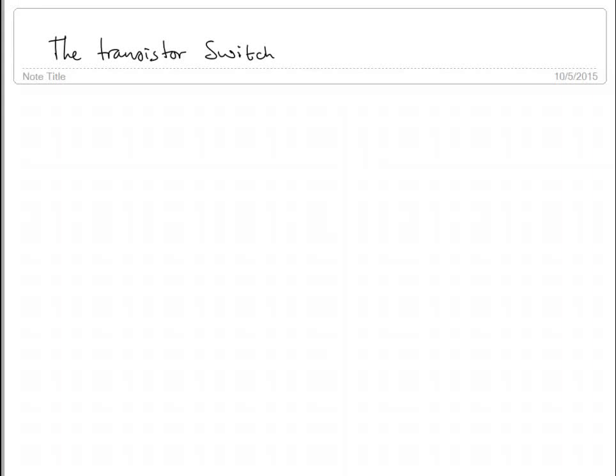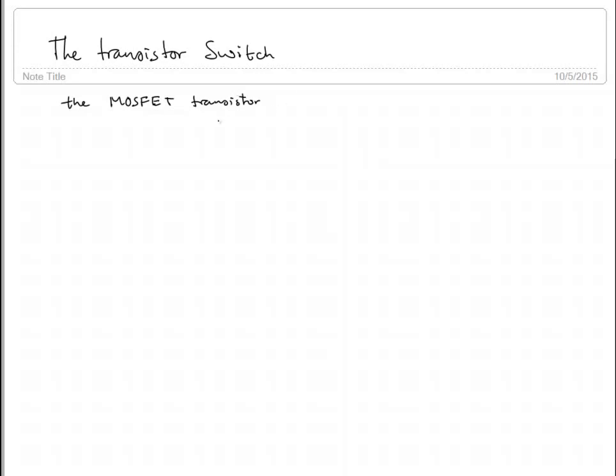In this lesson, we're going to introduce the semiconductor transistor, specifically what will be known as the MOSFET transistor, which is a big long acronym that everyone's mostly forgotten, but it stands for metal oxide semiconductor field effect transistor.